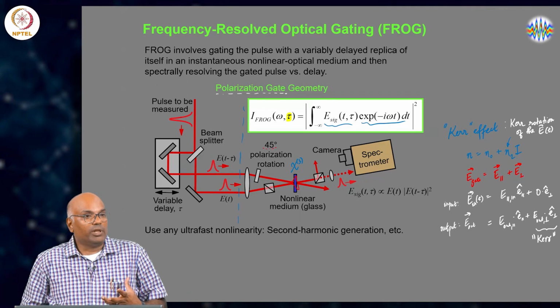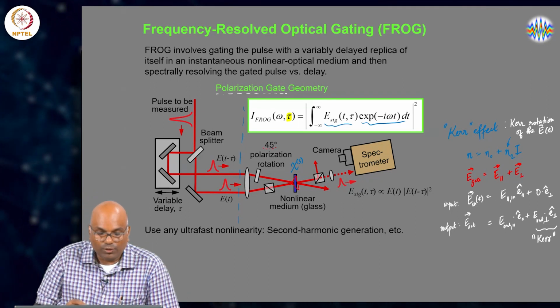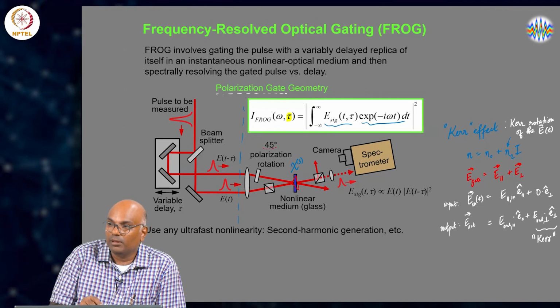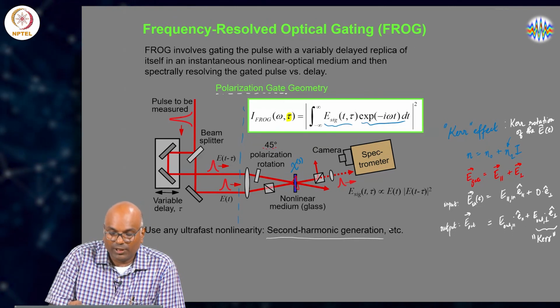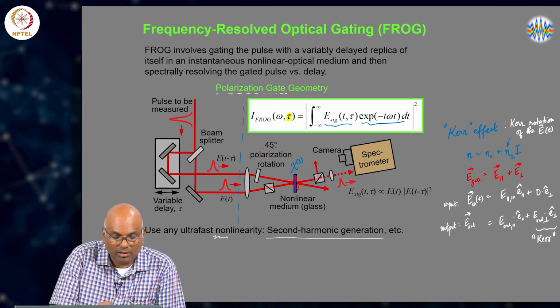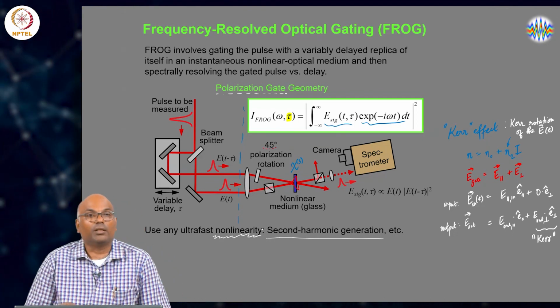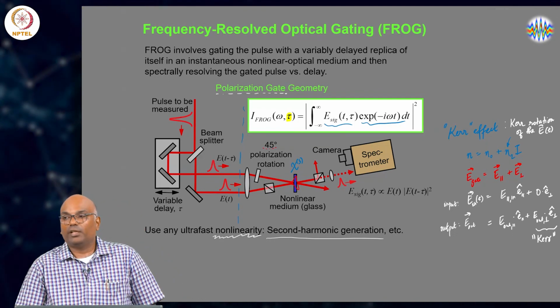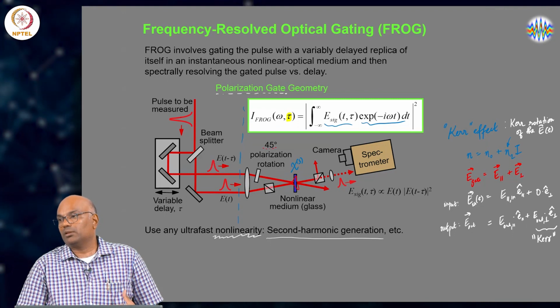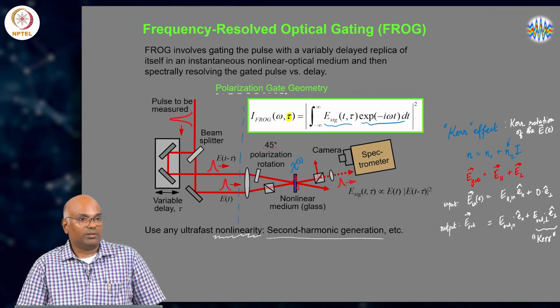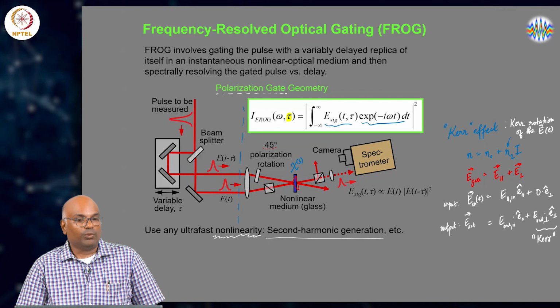The gate is polarization based, but we could also generate a gate in principle out of the second harmonic generation process. The key is nonlinearity. Exploit a nonlinearity to gate; that is what is going to do the gating action.